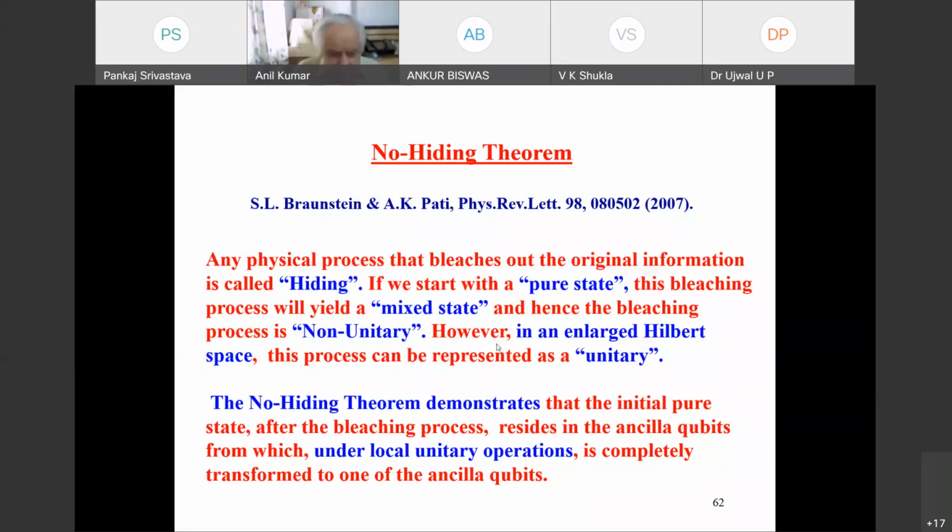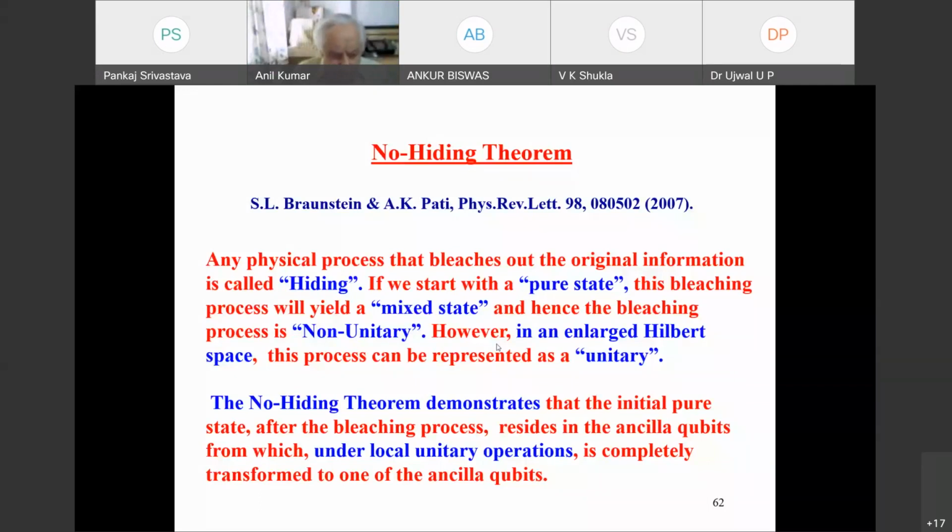In my simple words, the no-hiding theorem demonstrates that the initial pure state after a unitary process is completely transformed. This is a diagram Braunstein had given in 2007. It took a created Bell state of two ancilla qubits.